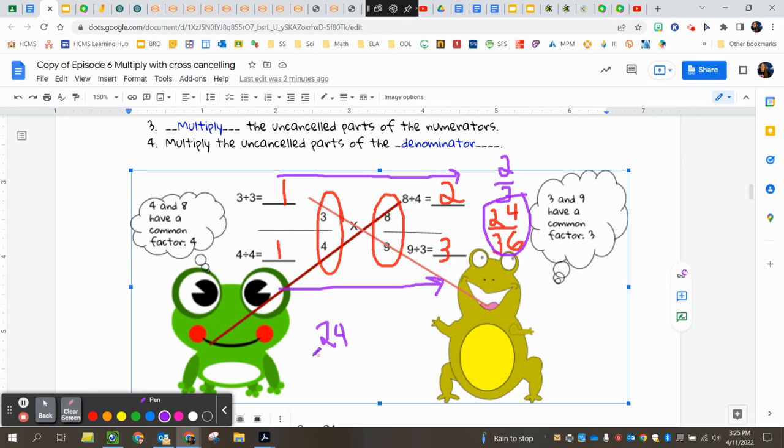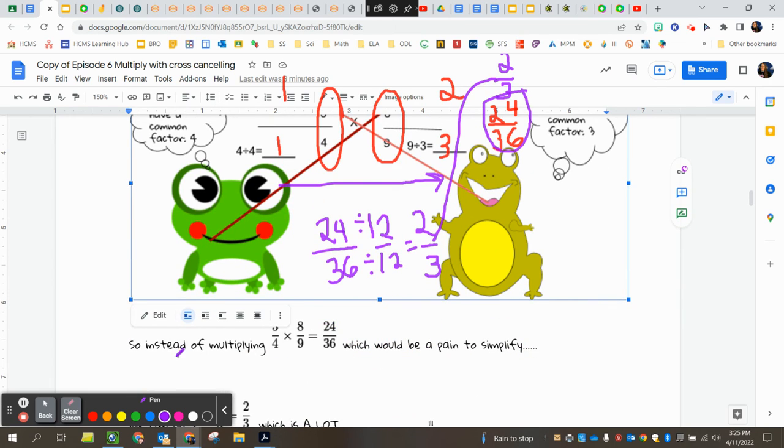But if I had my 24/36 and I found the GCF, the greatest common factor, my greatest common factor would be 12. So I'll divide by 12/12, and I would get 2. And then 36 divided by 12 is 3. And therefore I have the same answer.